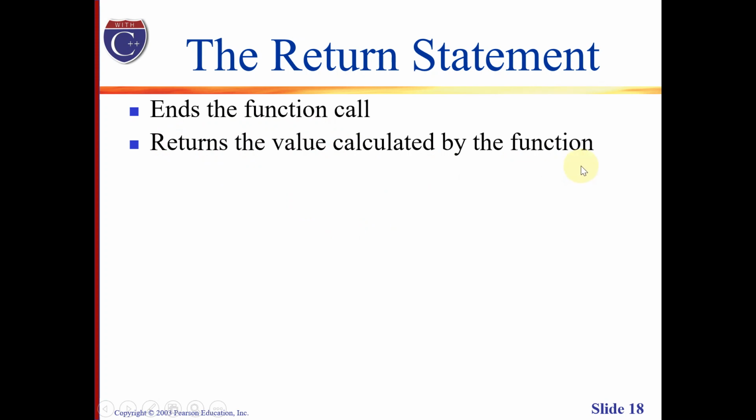In our case, the function total cost is returning the result of the expression right after the keyword return, just like this one. In this case, the expression performs the calculation that we indicated in our programmer defined function.